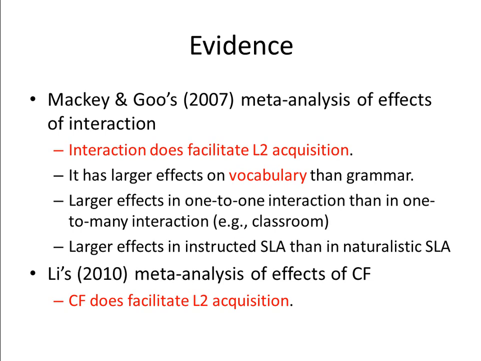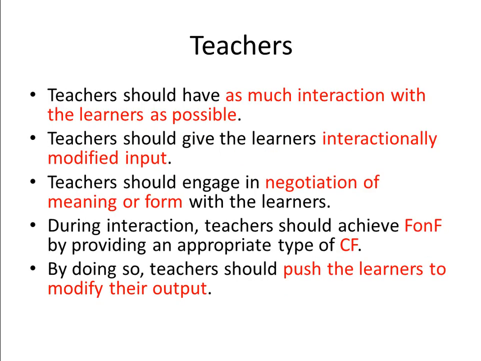There is evidence. So what should we do? So teachers should have as much interaction with the learners as possible, because interaction is good. Interaction is helpful. Interaction helps second language acquisition. So we should have as much interaction as possible.